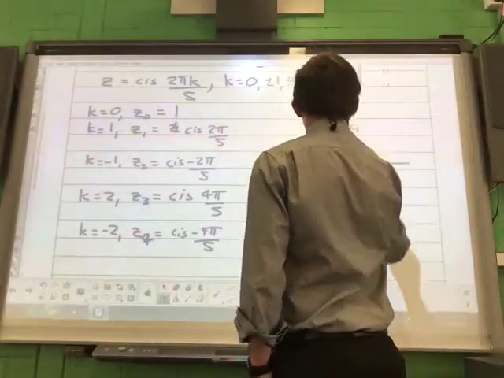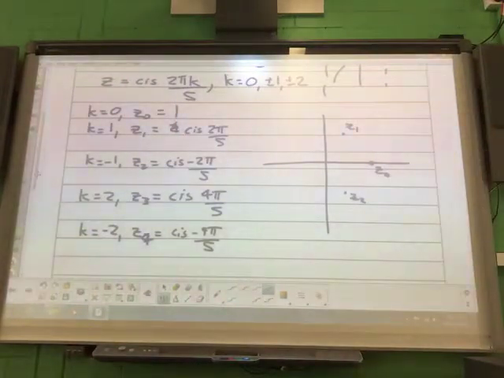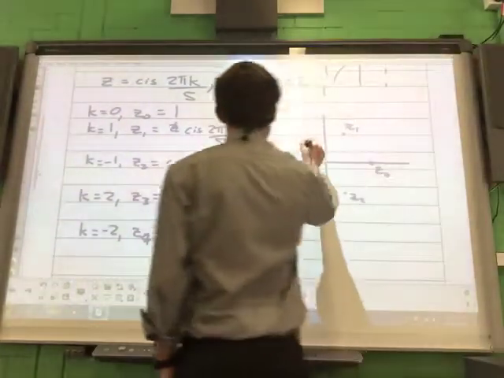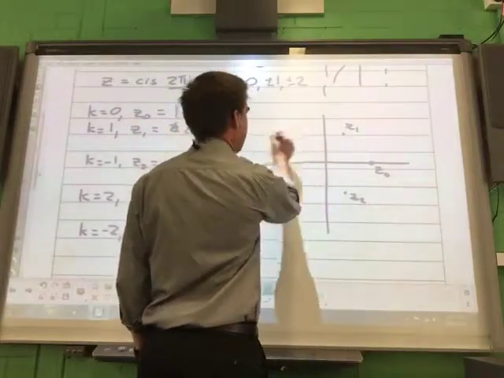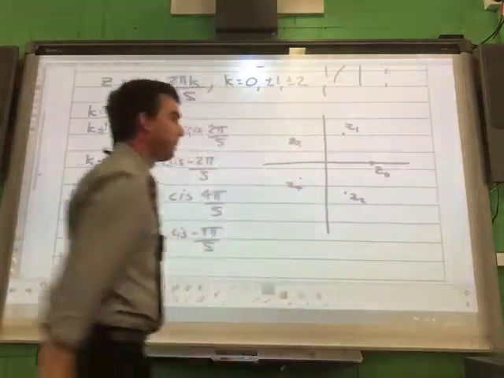So z1, z2, and they're spaced around the unit circle. In other words, there's a separation of 72 degrees between two of your roots. So somewhere here and here, so z3 and z4.